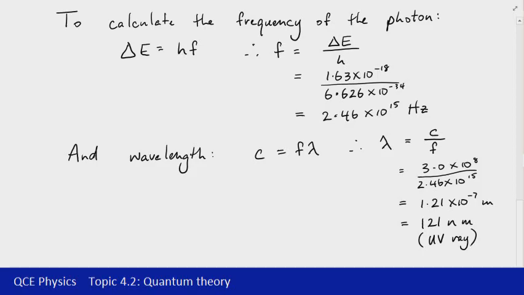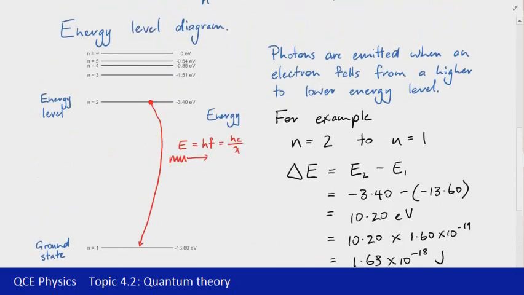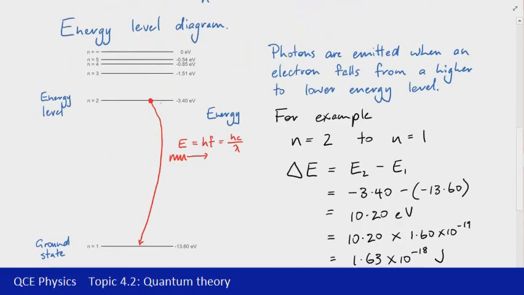So there's the calculations that we can go through to determine how much energy is released when an electron falls from a higher energy level to a lower energy level. In class we'll go through and calculate a few other energies and the associated wavelengths to start to have a look at how it is that specific wavelengths of light are produced from a hydrogen atom.